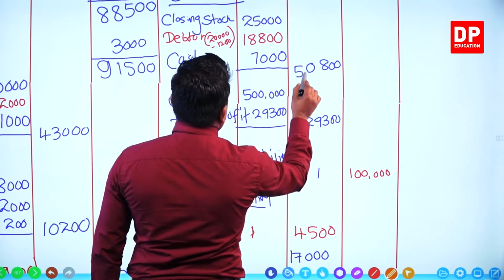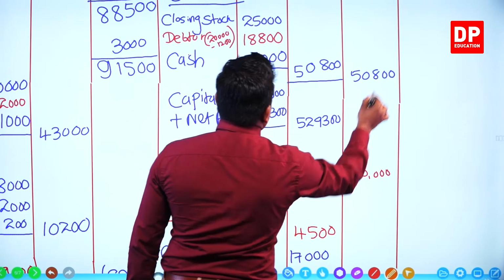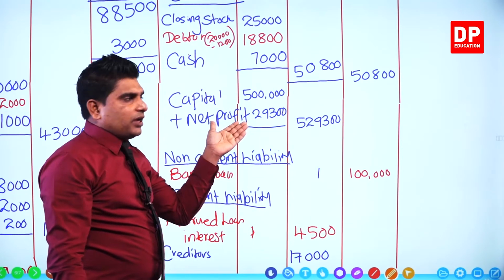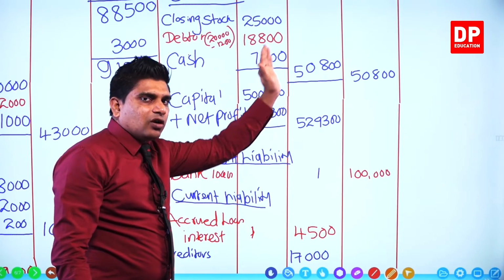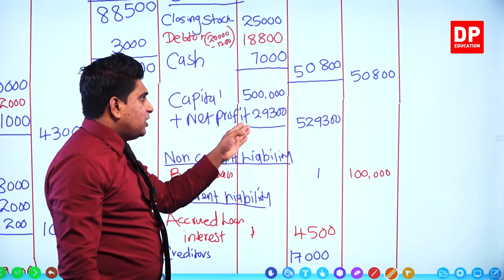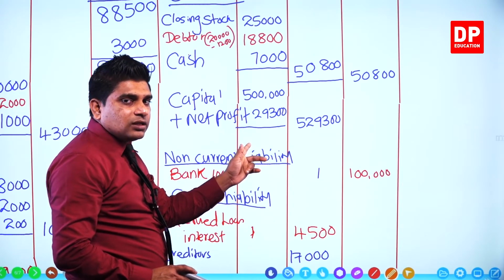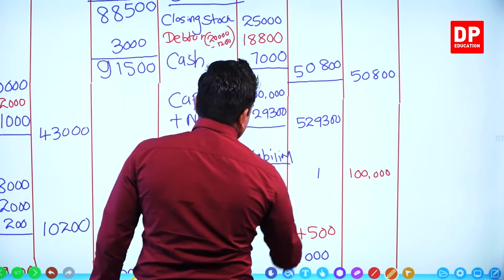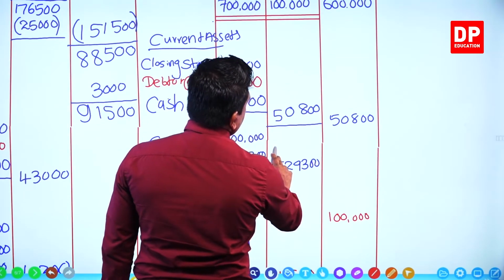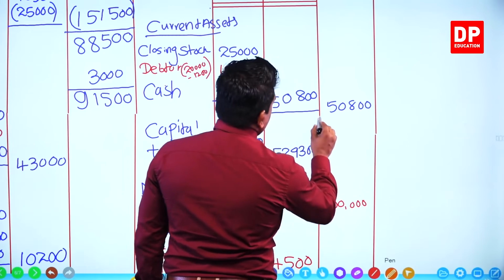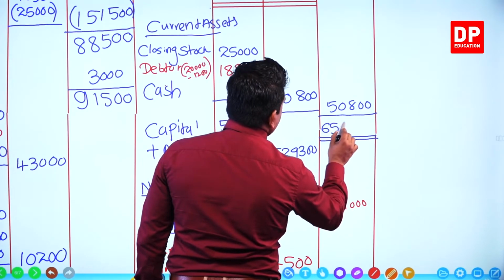Here 50,800, right? You bring this value to the corner 50,800. Why? Because we have written some details here, no? But I told you not to draw this one. If you have written all the values in the second column, then we can bring the total to the third column. But here we additionally add an extra column, but I told you not to draw this corner column, right? Okay, now 600,000. Here down you can see 50,800. Then finally we can get the total 650,800.